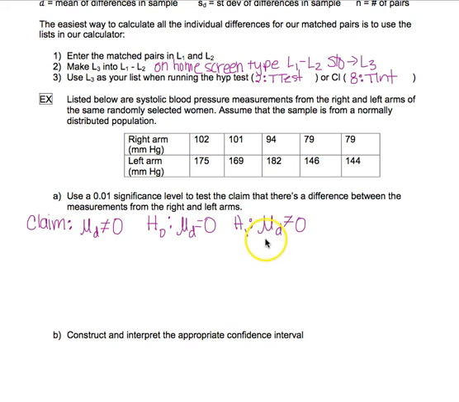So now we are going to look at our various values. Sometimes we are going to be asked to find the individual differences or means and all kinds of different things. So we're going to list those out. So we're going to find D bar, and we are also going to find S sub D for our references here.